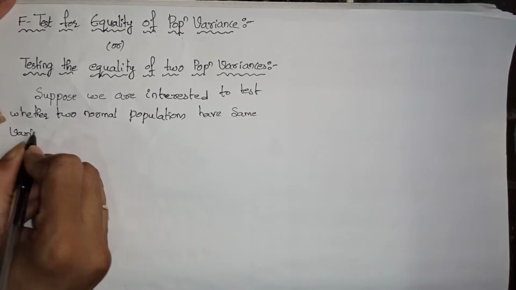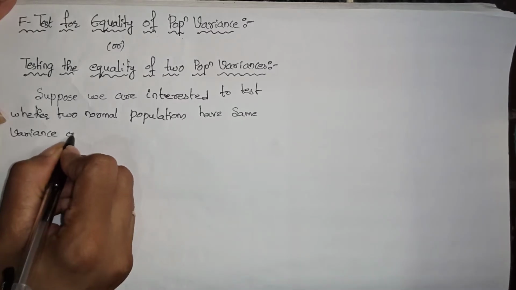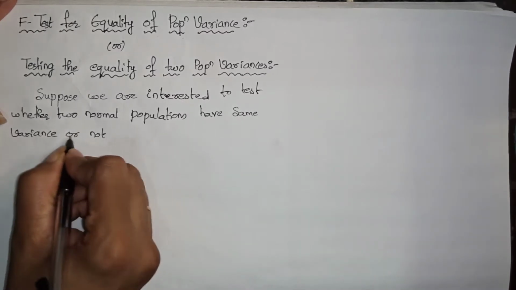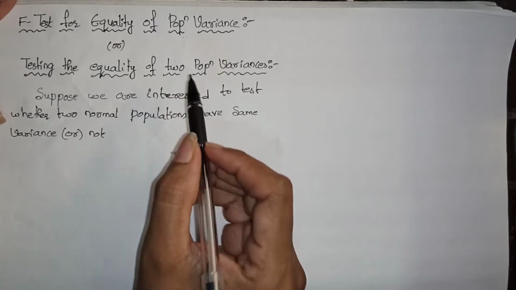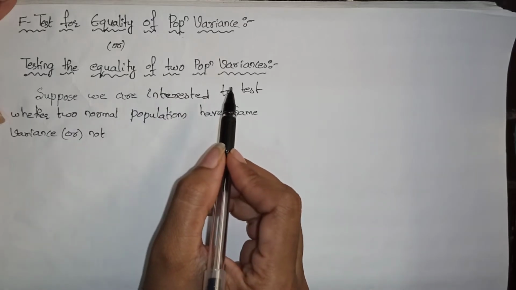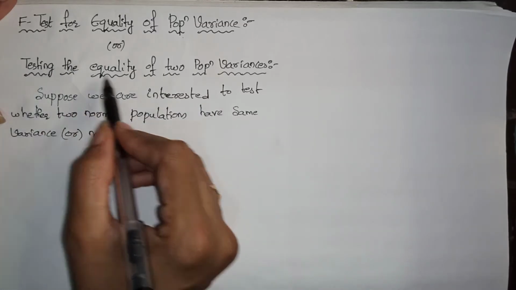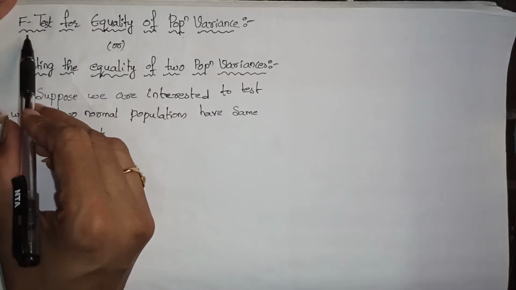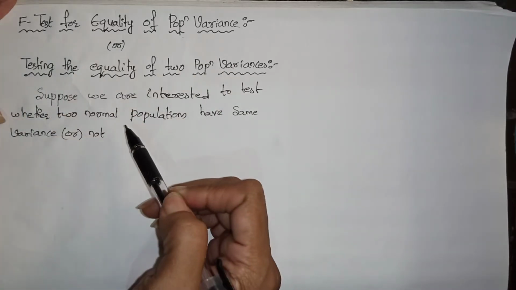If we want to test whether two population variances are equal or not, we have to use this test, that is nothing but the F test for equality of population variances.